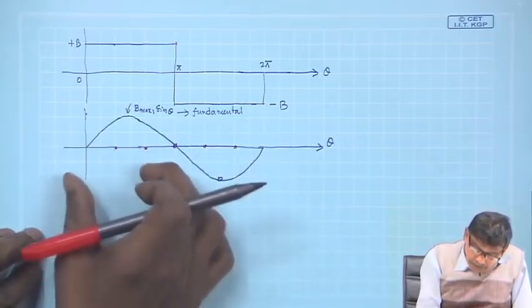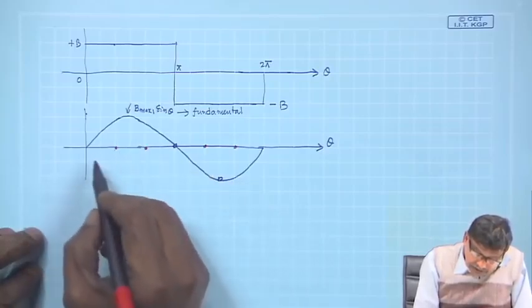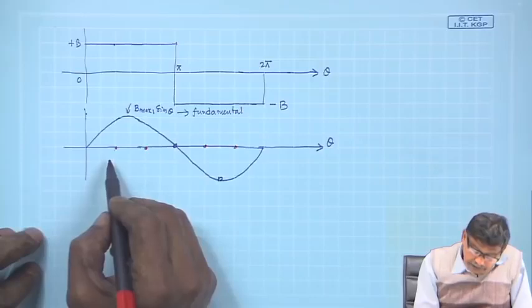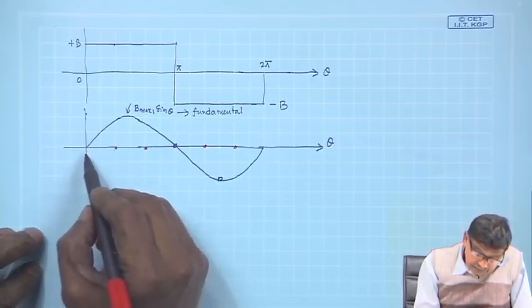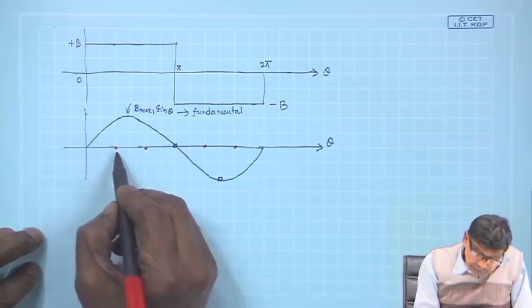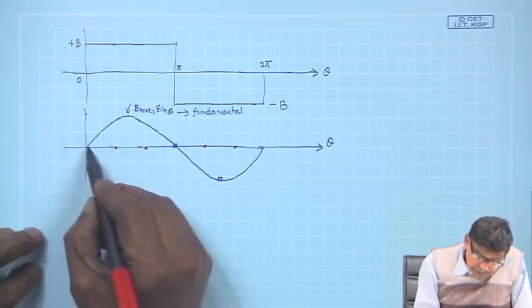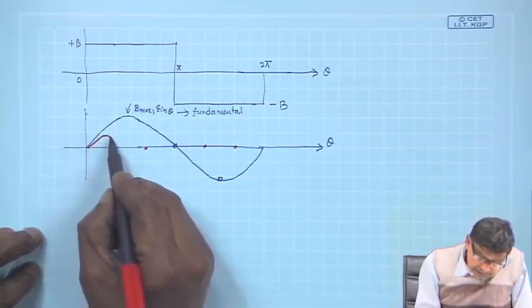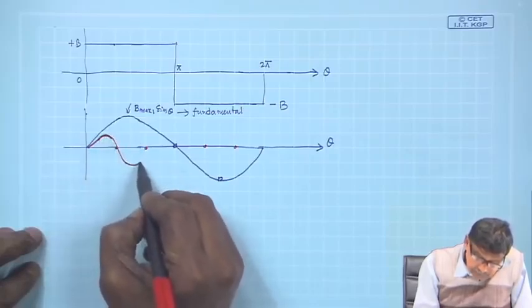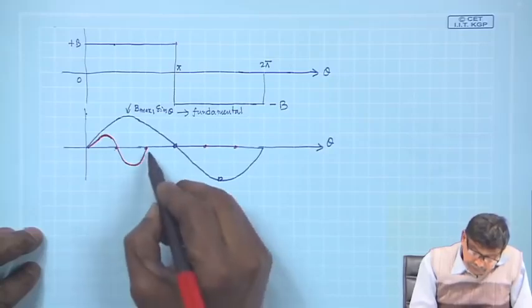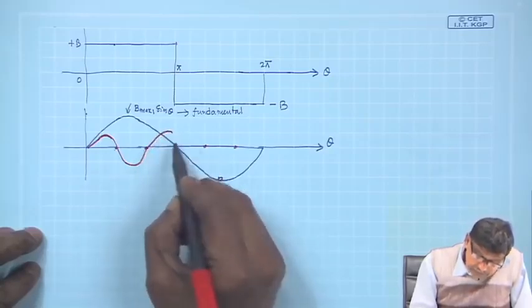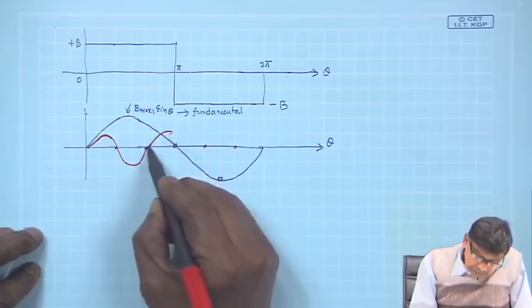So, this B max 3 will have 3 cycles. One cycle will be like this. Next cycle will be like this.